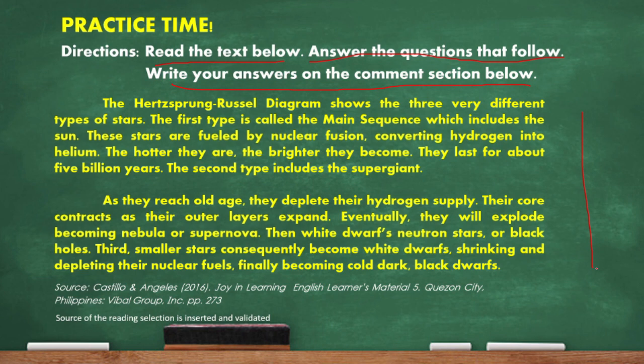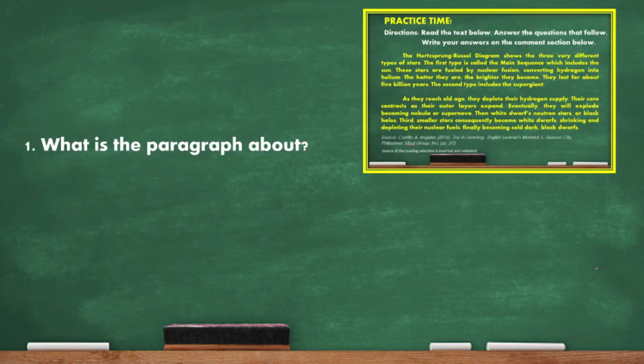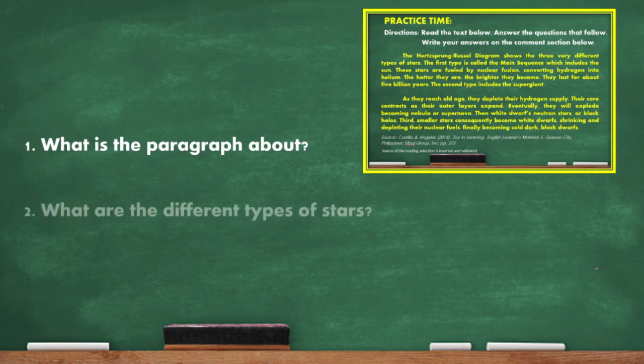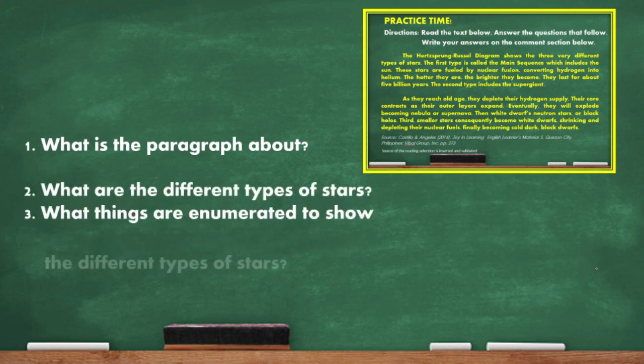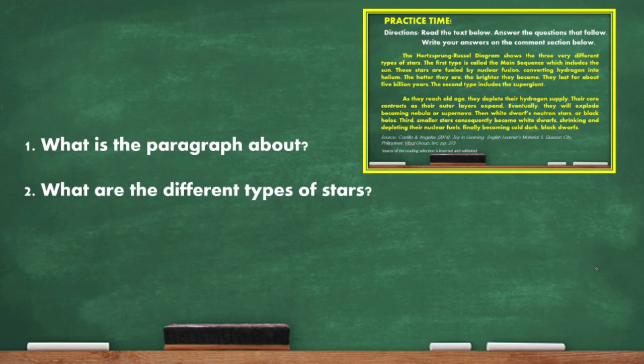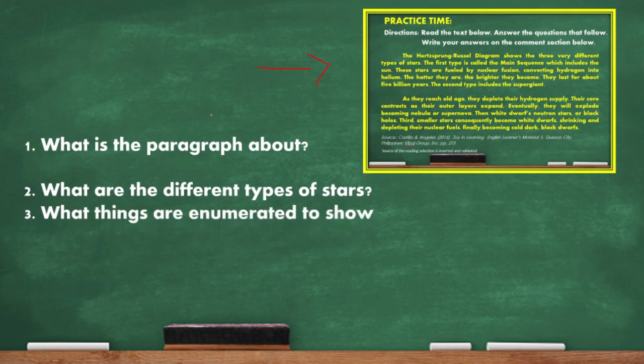Here are the questions. Number 1. What is this paragraph about? Number 2. What are the different types of stars? According to this paragraph, what are the types of stars? Number 3. What things are enumerated to show the different types of stars?